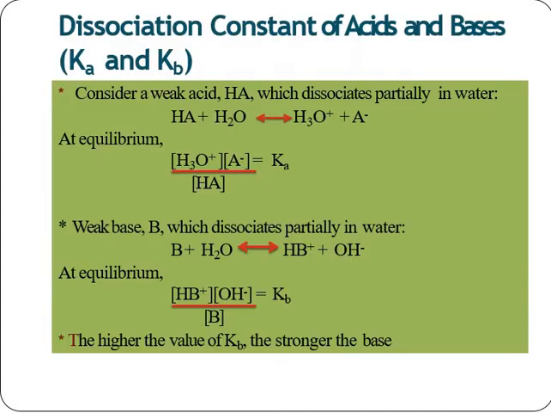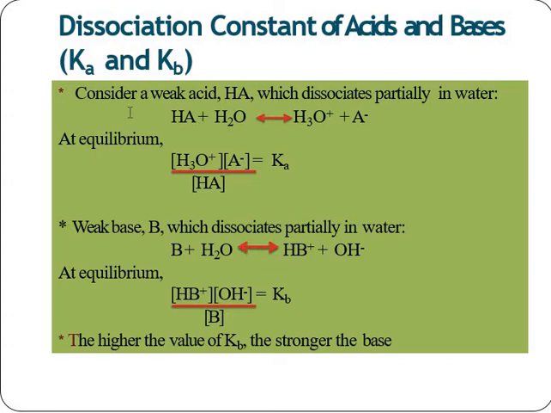Now, let us see dissociation constant of acids and bases. To understand dissociation constant, we have to consider weak acids and weak bases. We know weak acids and weak bases do not dissociate completely in water.